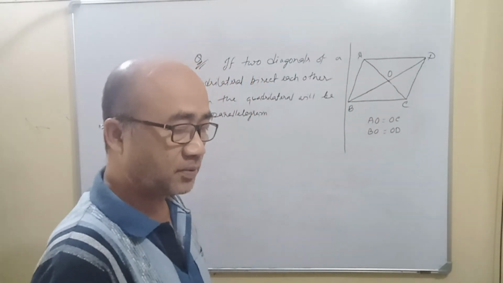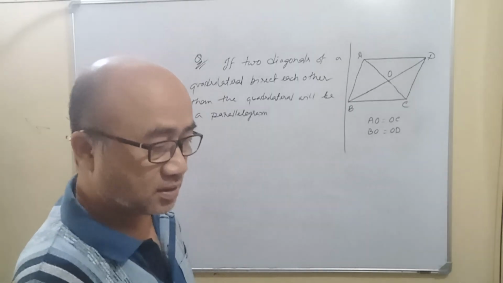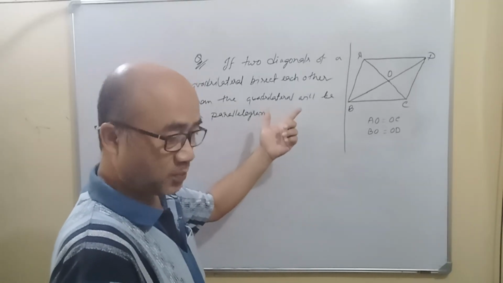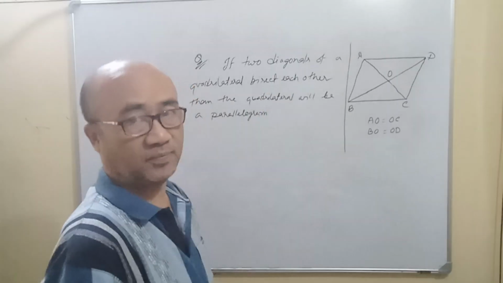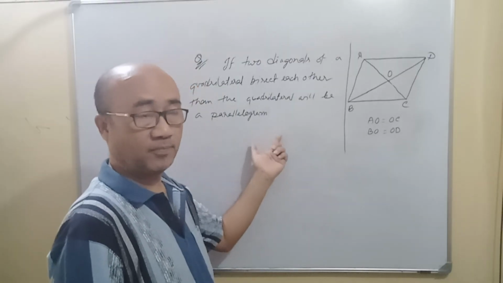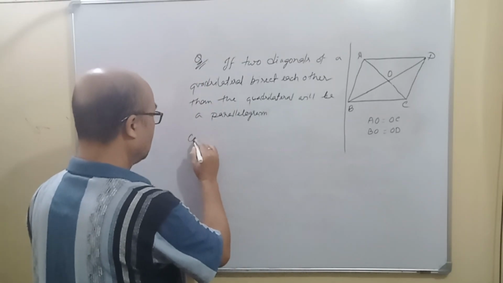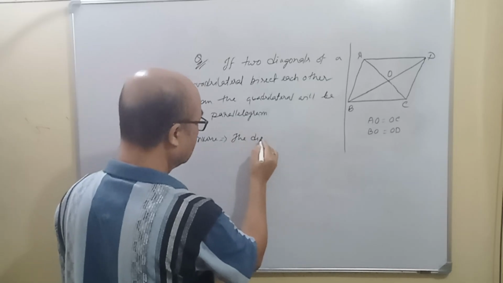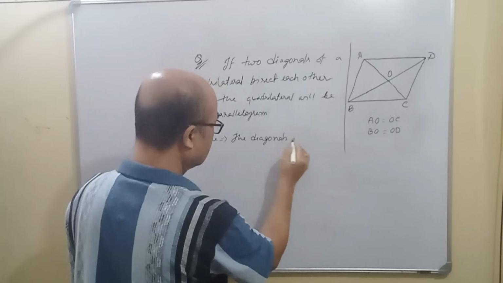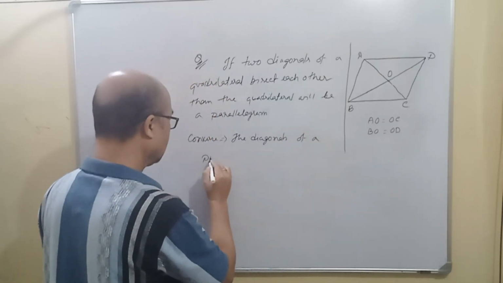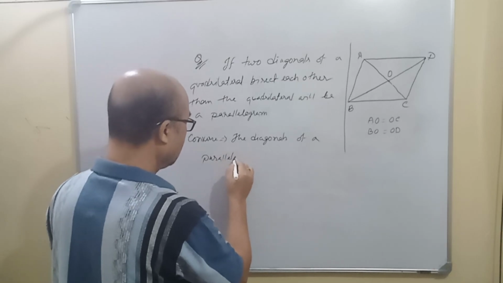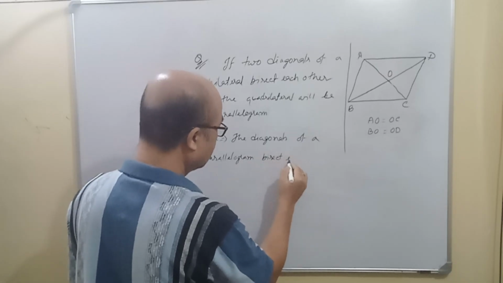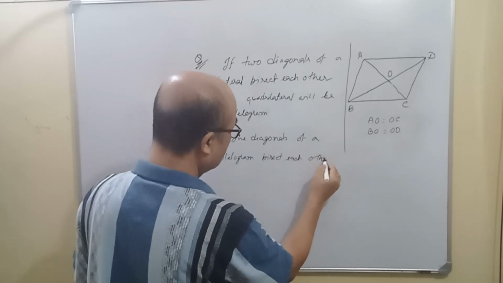So the converse of this theorem is that the diagonals of a parallelogram bisect each other.